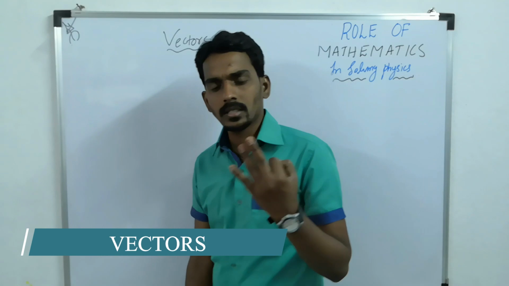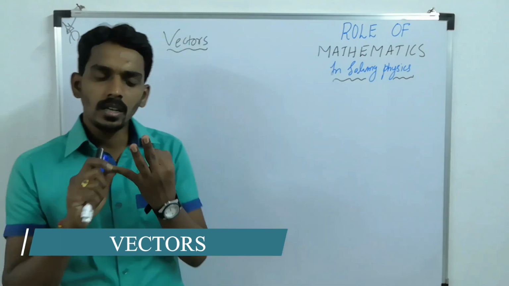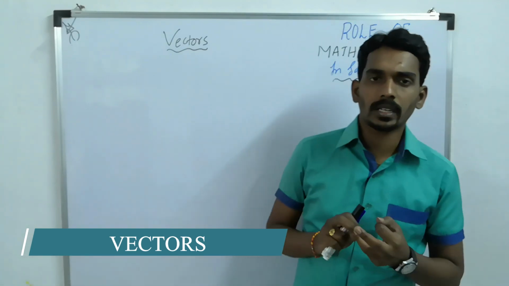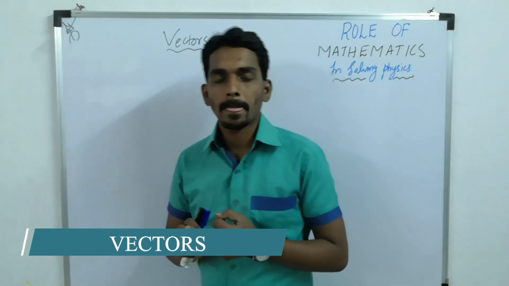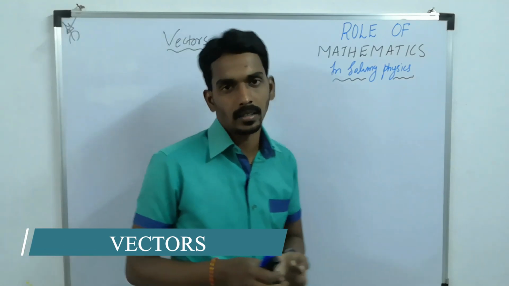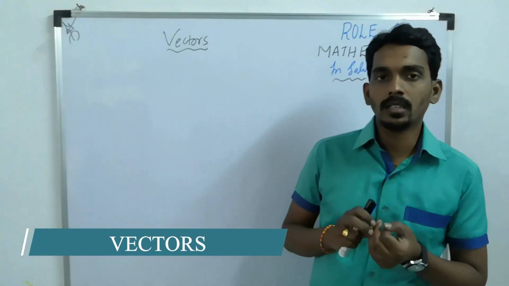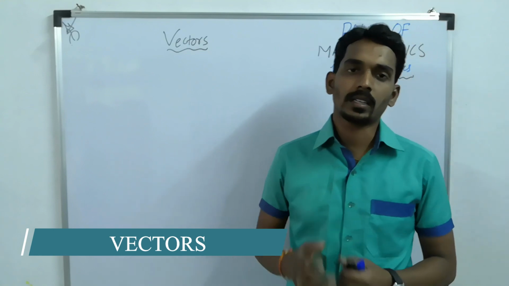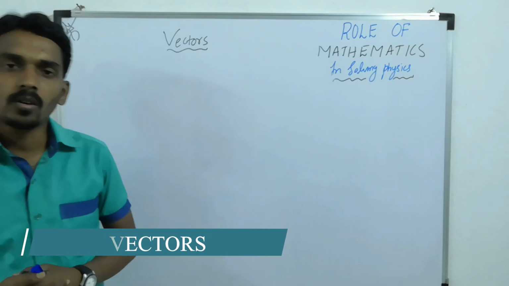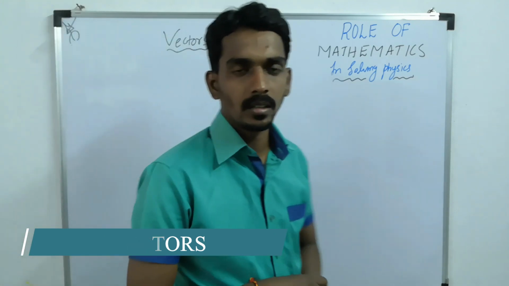One is resolution of a vector, and resultant of two vectors, nothing but vector addition. Addition is nothing but the resultant of two vectors. And the third one is the product of two vectors. Based on this only, we usually solve the questions in physics.